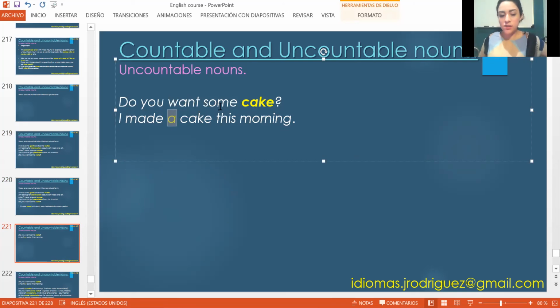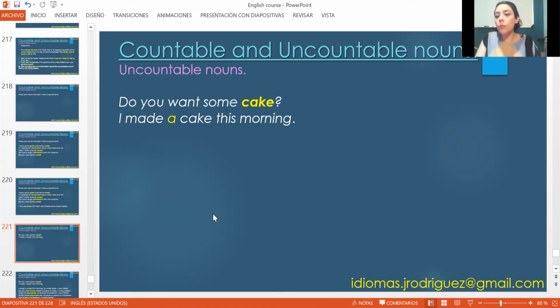En mi primera oración, ¿quieres un poco de pastel? Pastel es uncountable, pero en la segunda es countable. Why? Porque en la segunda estoy hablando de que hice todo el pastel. Y en la primera me refiero a que si quieres un poco de pastel, no el pastel completo.